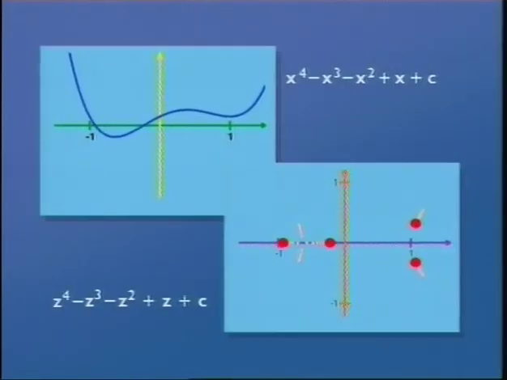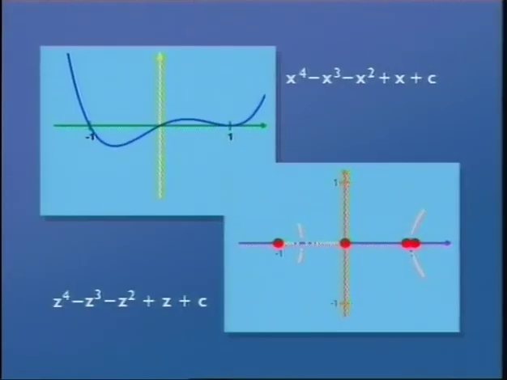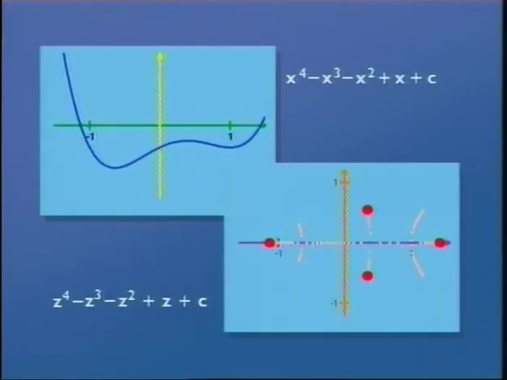Now, as the graph is lowered still further, you can see in the Argand diagram that these roots move apart, while the remaining pair of complex roots moves closer together, until they too coincide to give three real roots, one of them repeated. Lower still, and on the diagram, both pairs of real roots diverge as the graph crosses the x-axis in four places, until the two middle roots meet when the graph touches the x-axis, and then separate as a pair of complex roots.